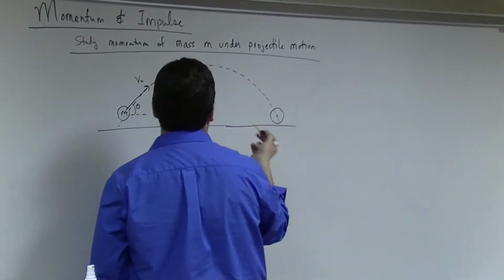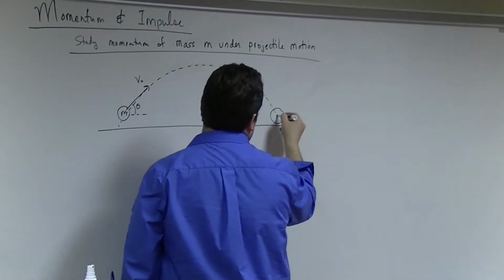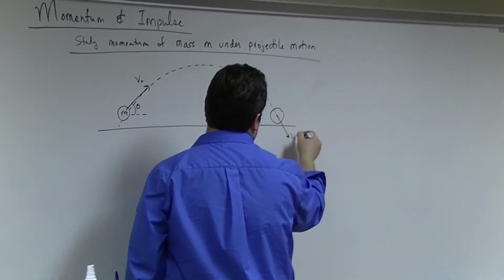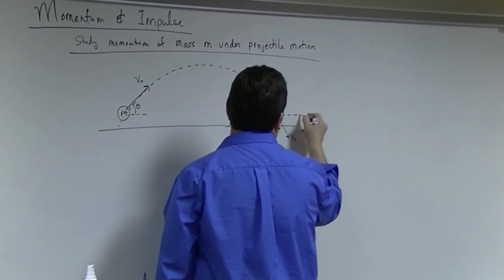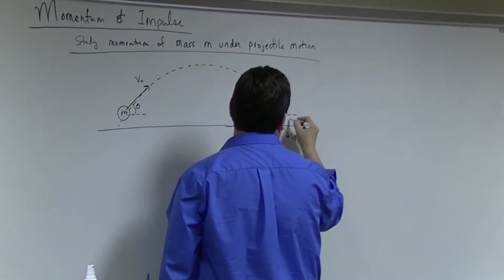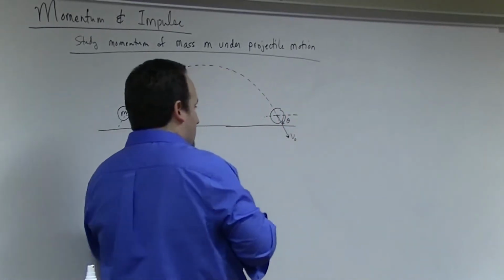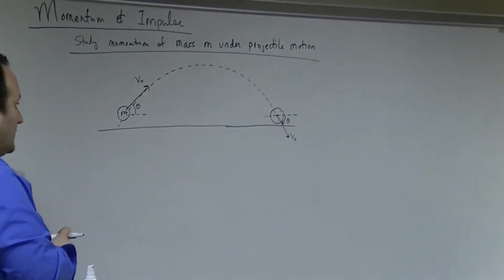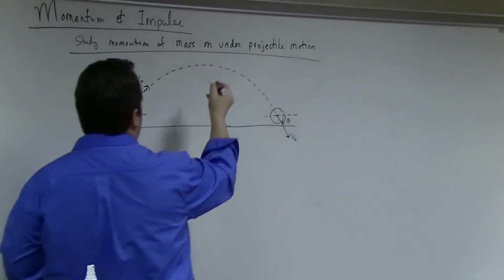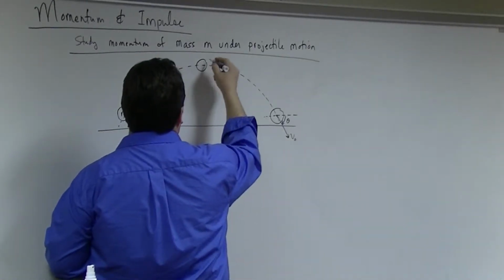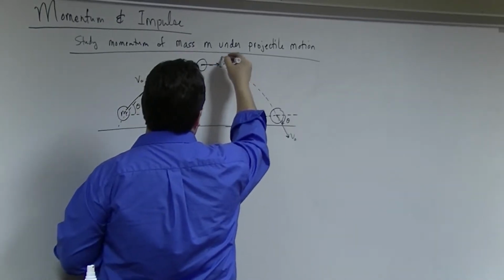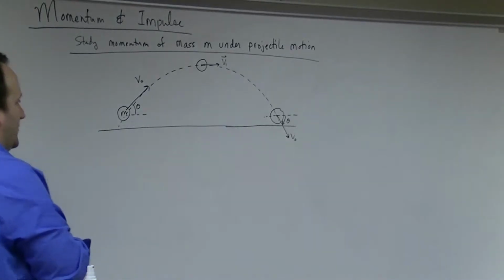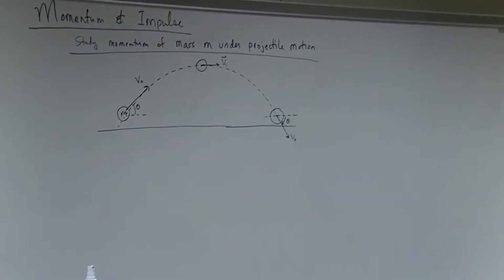What you end up with, if there's no friction, is the same speed at the end, but instead of the angle above the horizon, the angle below the horizon. And then there's another interesting point we can think about, which is the zenith of the flight. Up here, we can talk about, let's say, v1. Let's contrast the momentum at these different places. Okay, so what's the initial momentum here?